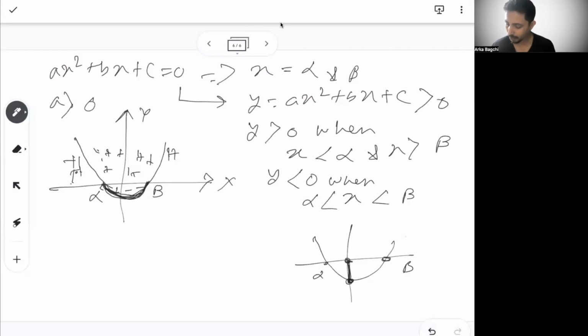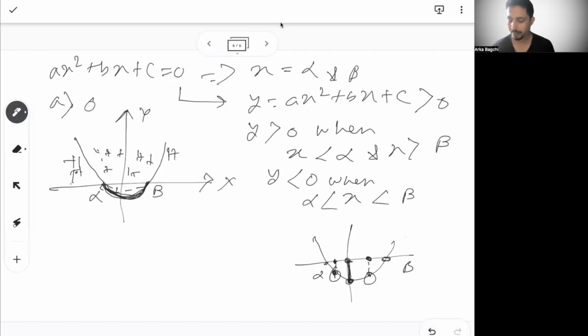Again between alpha and beta, if x takes this point, your y value will be this point, which is again negative.